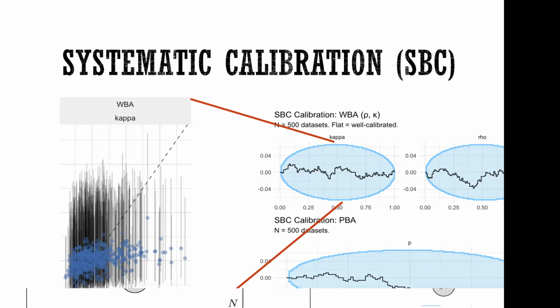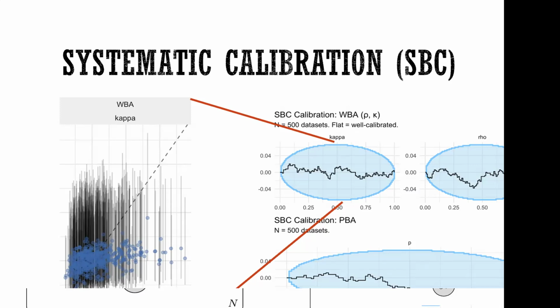So if you had chosen a different bias, could the SBC have shown that bias? Yes, because the calibration is of the full model: likelihood, observation model, priors all together. So if you change the prior, your SBC results are going to change.